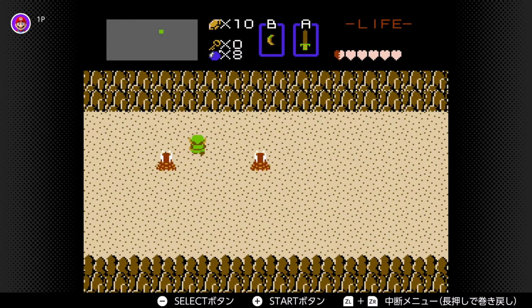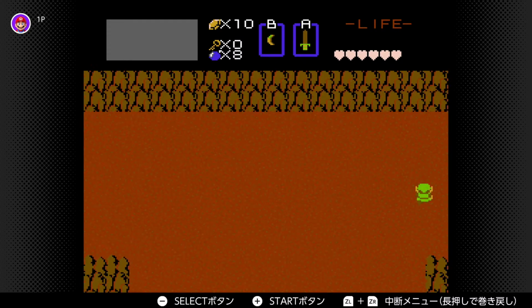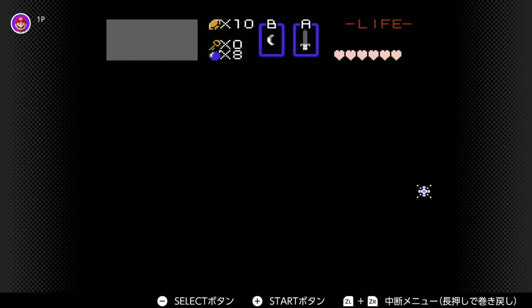The word for grandfather and also old man is Oji-san, as we most certainly see at some point. Of course, I immediately die.